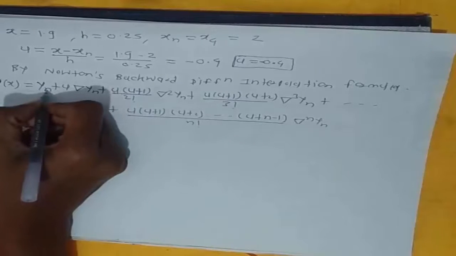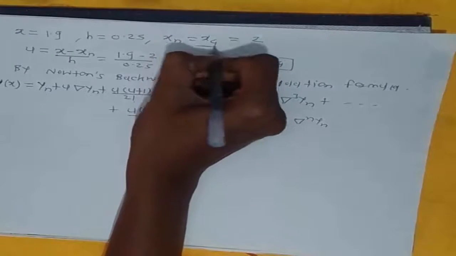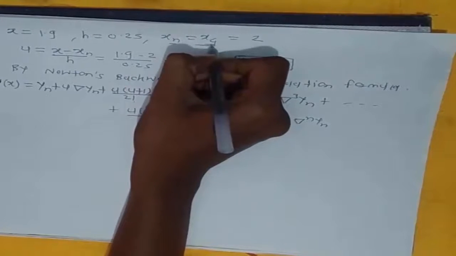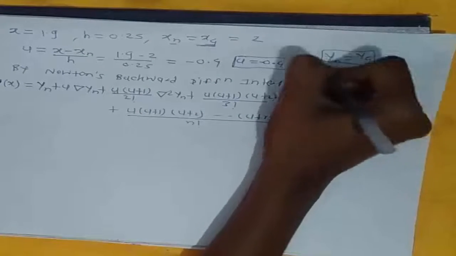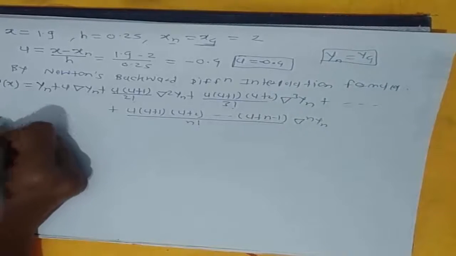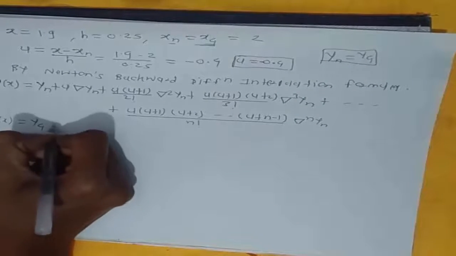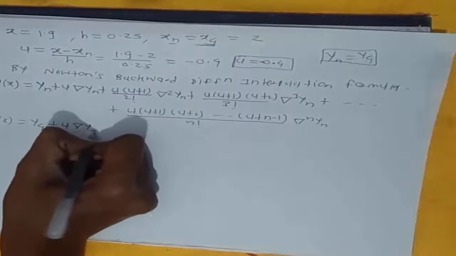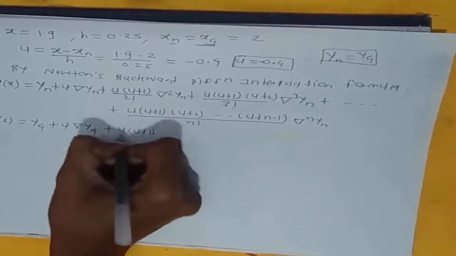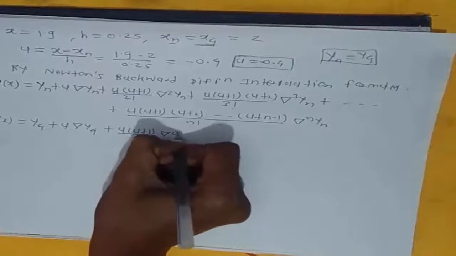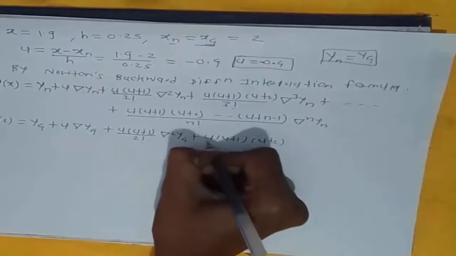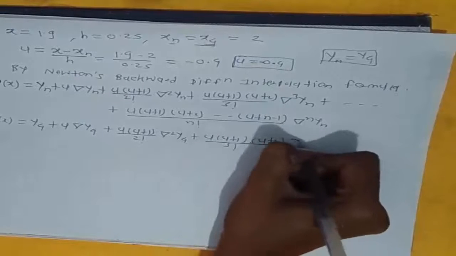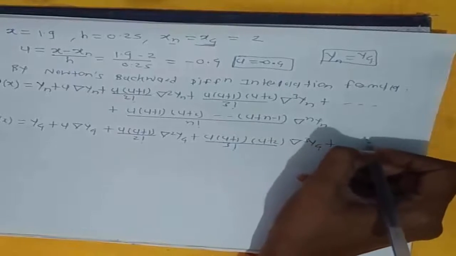Here yn is the value of the function at the last point xn. Since xn is equal to x4, yn is y4. So the formula becomes y of x is equal to y4 plus u into del y4 plus u into u plus 1 divided by 2 factorial del square y4 plus u into u plus 1 into u plus 2 divided by 3 factorial into del cube y4 plus, again.